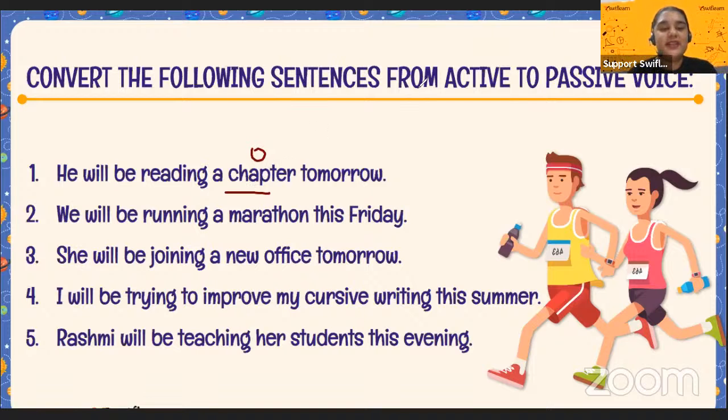So let's come to the next part. Next is we will be running a marathon this Friday. So tell me the subject here. Yes, we is your subject. Marathon is your object. So the answer is a marathon will be run by us this Friday.